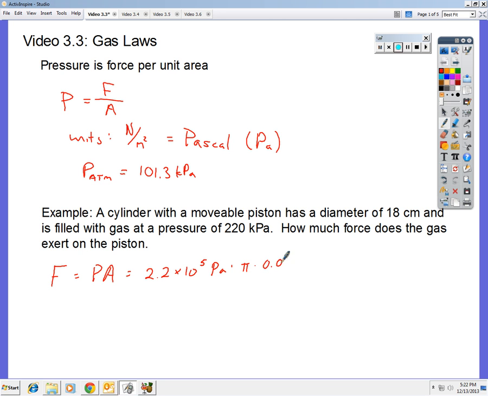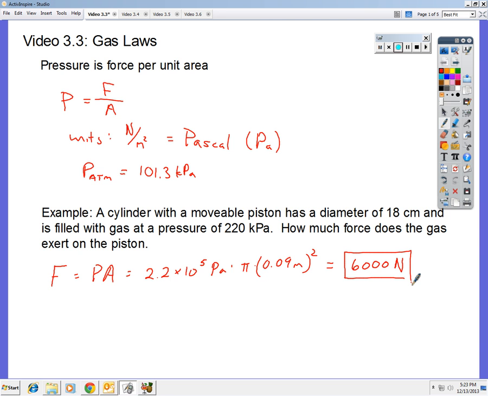So 0.09 meters is the radius, and you get your calculator, and you find that this exerts about 6,000 newtons of force on the piston, which is quite large.